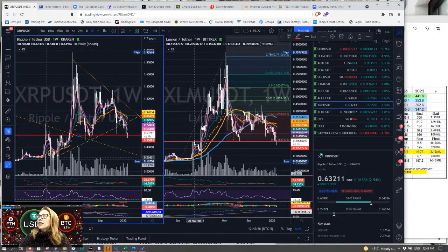And looking at that, it tested it, and we had buyers come in right there. So that's pretty strong influence to me that this is going to bounce. If it were to break below that, that would be that bearish move. Let's look at our next levels for testing, maybe right down here, 0.4, and over here, 0.11 for XLM.